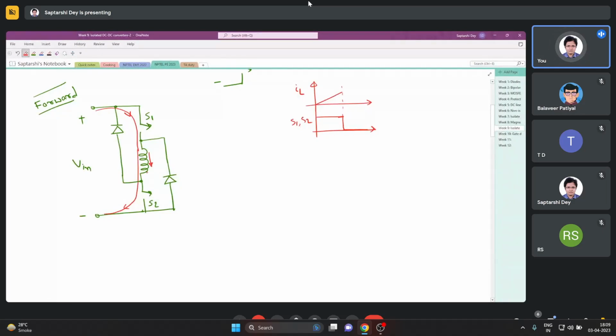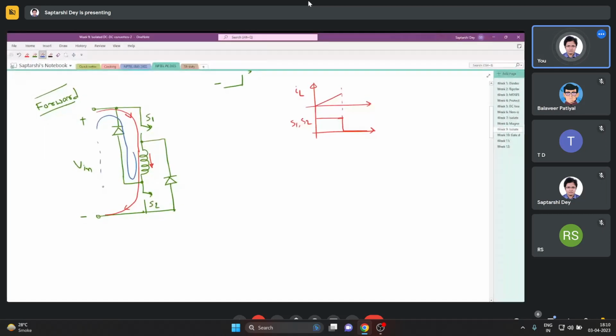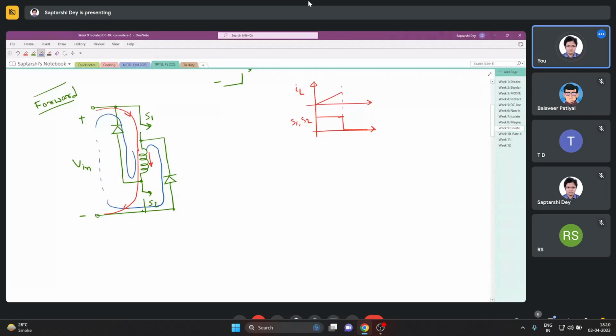The current will not stop immediately, it cannot, because it is an inductor. So the current will take a path like this. It will go through these diodes, through the source, come back through this diode like this. So it will complete its path like this. So basically the stored energy in the inductor is going back to the supply.